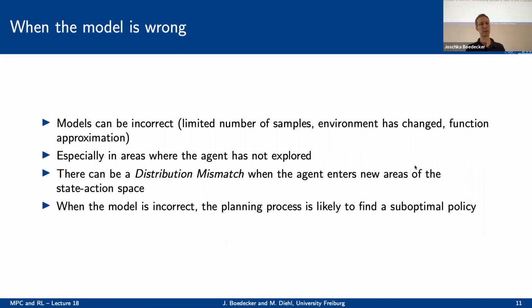Also, especially, of course, we can't expect that in areas of the state and action space that we haven't explored at all, the model will generalize well, right? Even if we have a smooth function approximator, where we don't have any data, then we can't really hope that the model can generalize well.